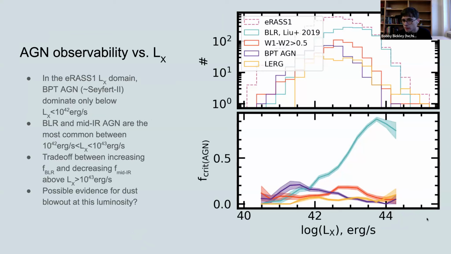Here is my sort of AGN observability study. So what I'm selecting here are galaxies that have an X-ray luminosity in eROSITA, and I'm plotting the fraction of those galaxies that can be observed as either a broadline galaxy, a mid-infrared galaxy, a BPT AGN, or in this plot, a low excitation radio galaxy.